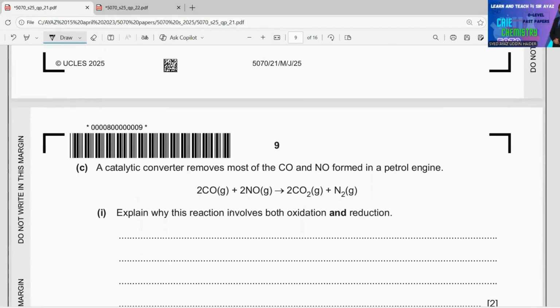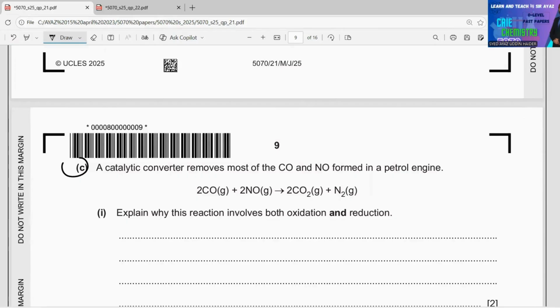Part C. A catalytic converter removes most of the CO and NO formed in a petrol engine. This is the reaction equation. 2 moles of CO reacting with 2 moles of NO to produce 2 moles of CO2 plus 1 mole of N2. Explain why this reaction involves both oxidation and reduction.